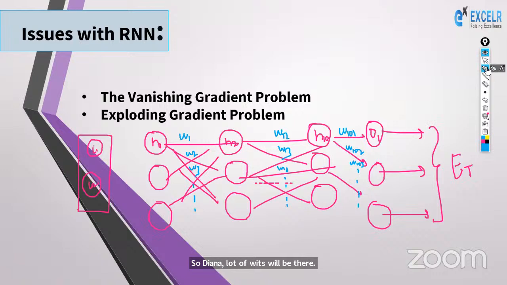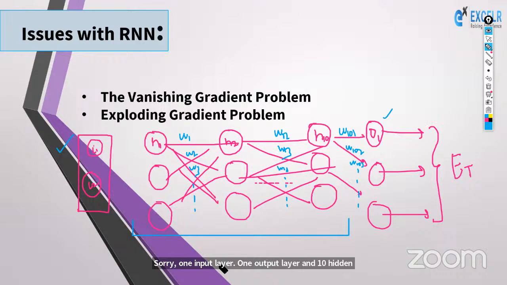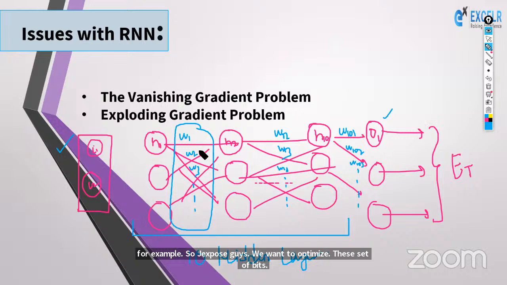Okay. Now see, guys, if I want to optimize the weights for this kind of a neural network, where we have one input layer, one output layer, and 10 hidden layers, just for example, let's suppose we want to optimize the weights which are closer to the input layer.